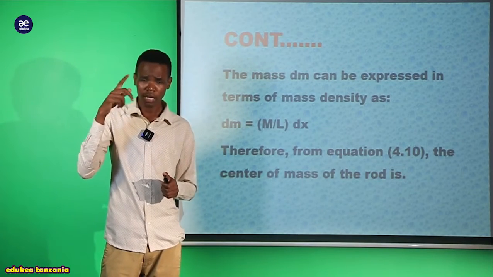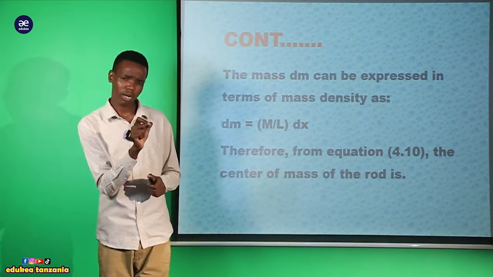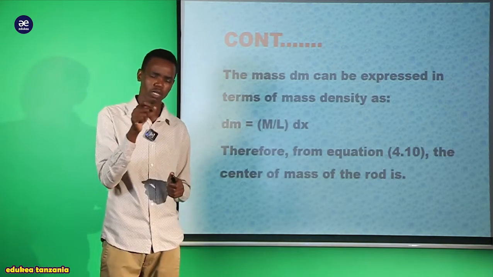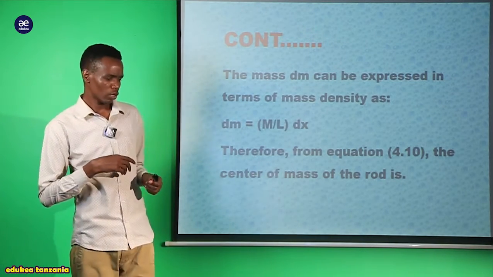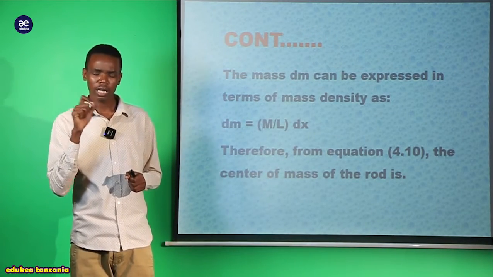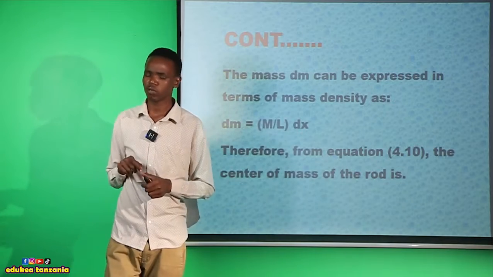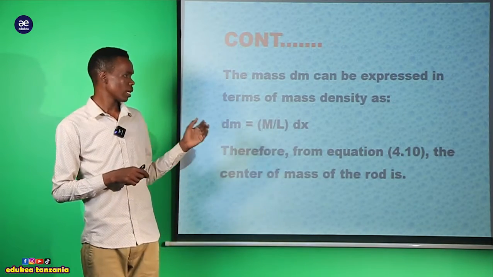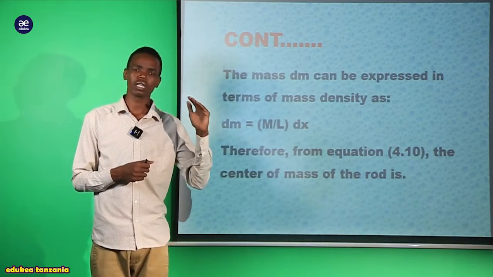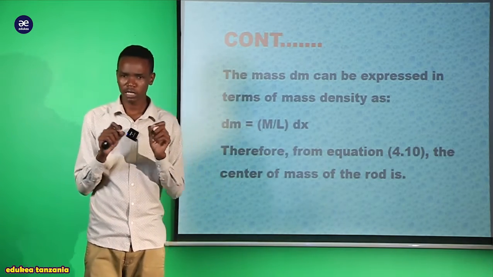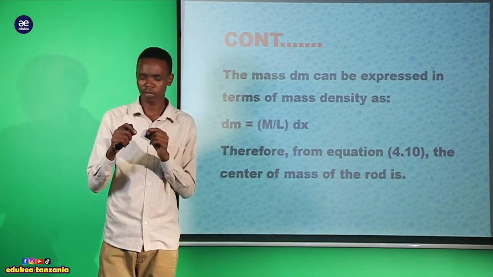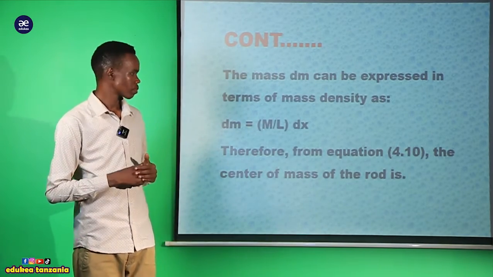It means ilipokuwa ina rotate ile uniform load, lakini pale kale kame exact kwenye dm, as we try to see when we demonstrate using the figure. So if it will rotate that small mass or yule dm atabini expressed in terms of the mass density. As we try to see that it should be given by taking the mass divided by the length of the uniform load multiplied by the small distance that have been increased there.